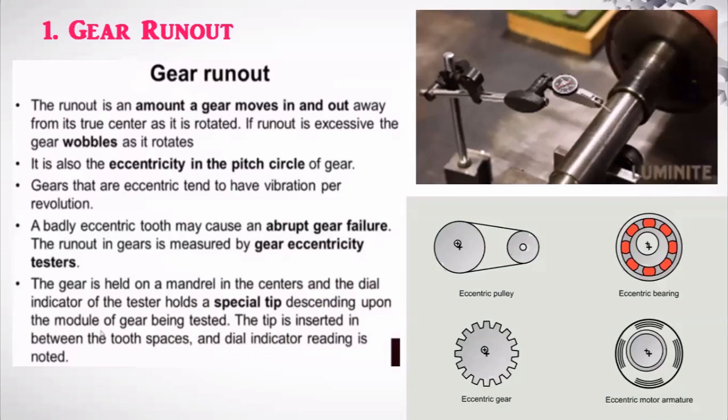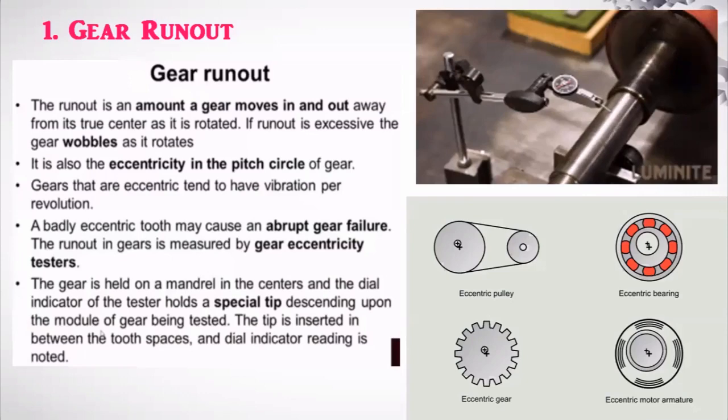Eccentricity means it is moving in and out of the true center. You can observe in this image, an eccentric gear. This is the true center, but it is rotating or moving in and out with respect to some other center.